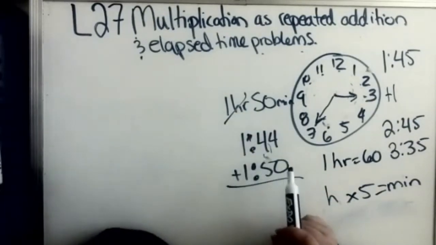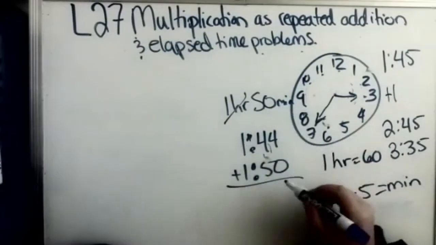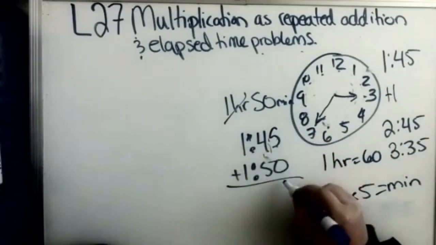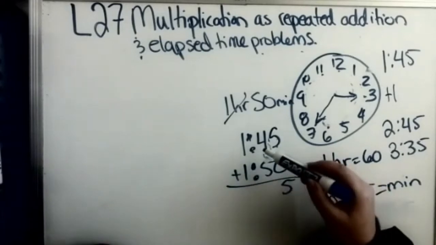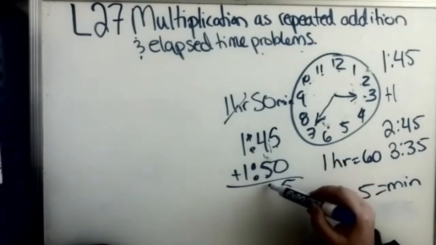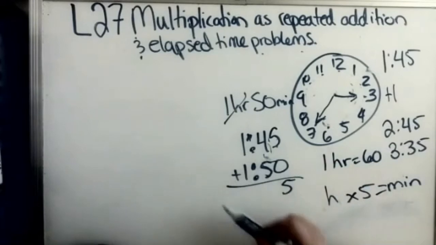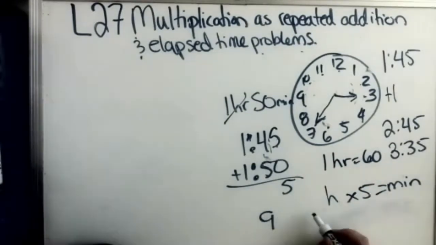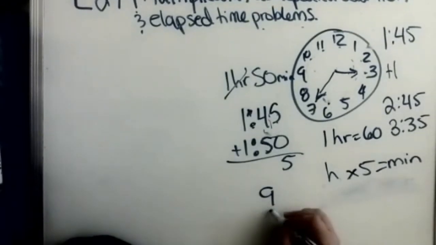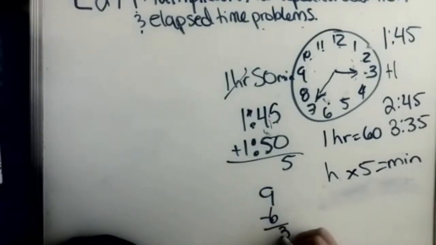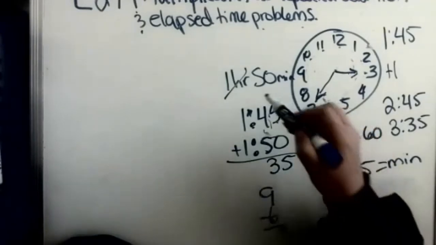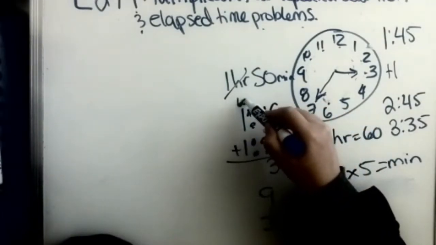So we're doing 5 add 0 is 5, and then 4 add 5 is 9. Now I can't do that. 9 is how many more than 6? 9 take away 6 would be 3. So that means 3 stays here, and my whole 60 comes over here.